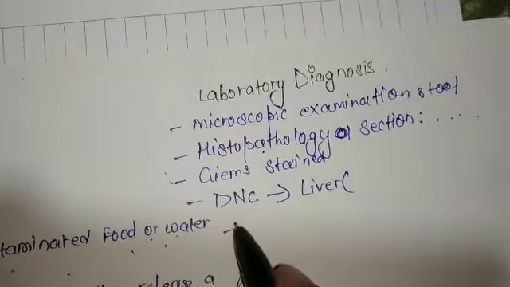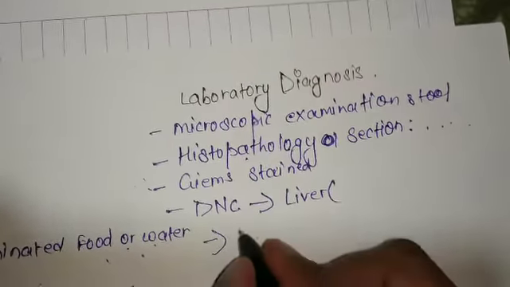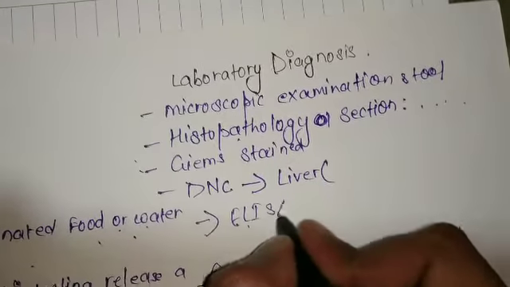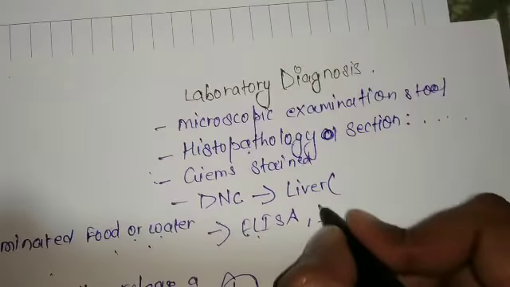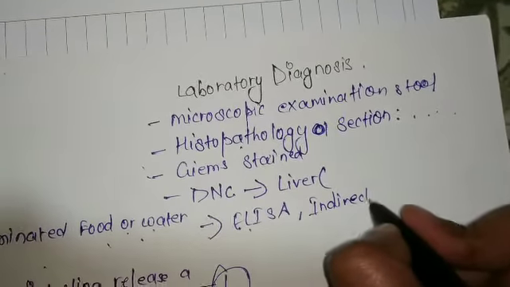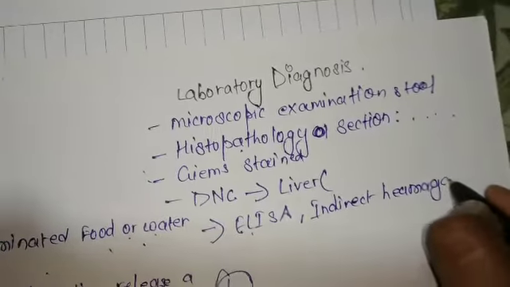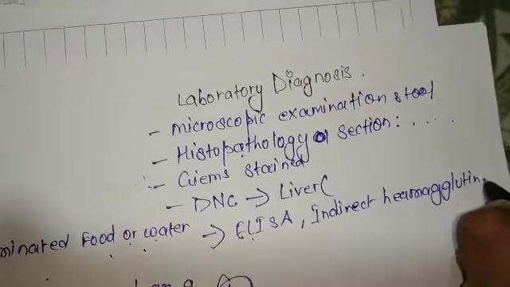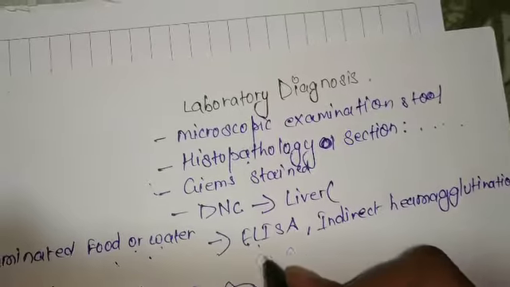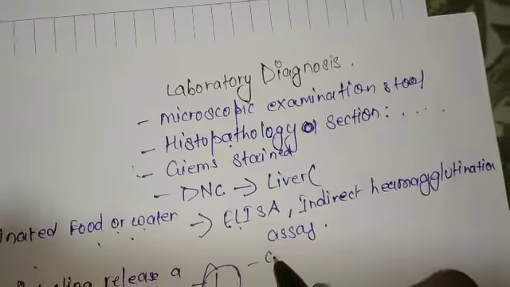And there are different types of serological diagnosis. First is the ELISA, then the indirect hemagglutination assay, or gel diffusion.